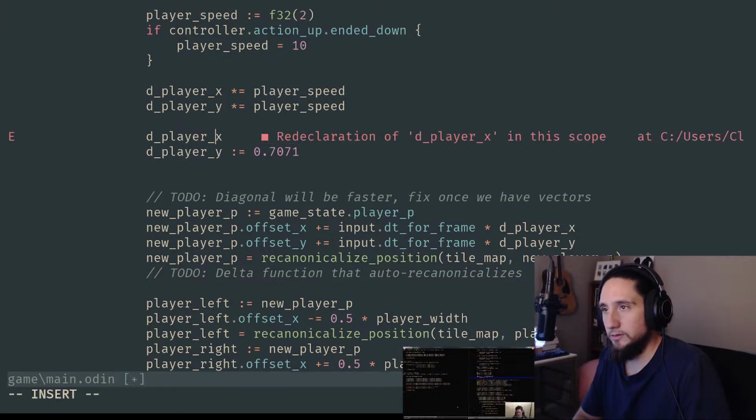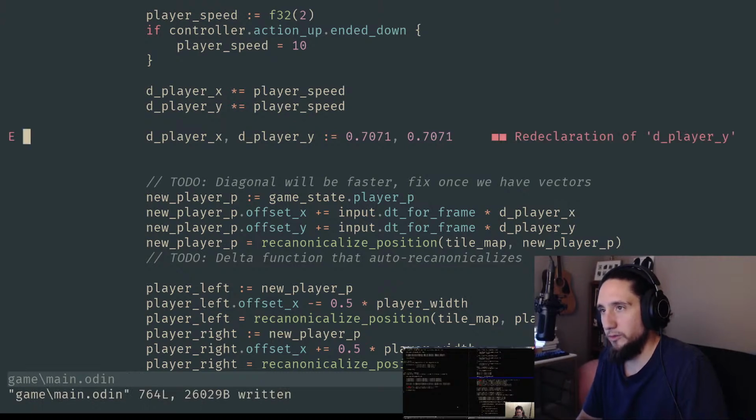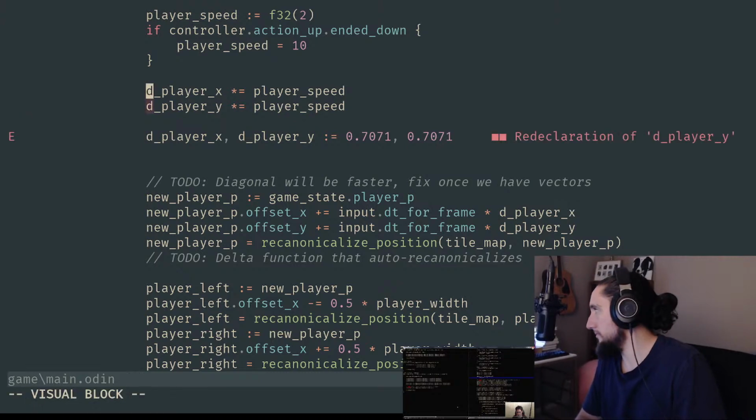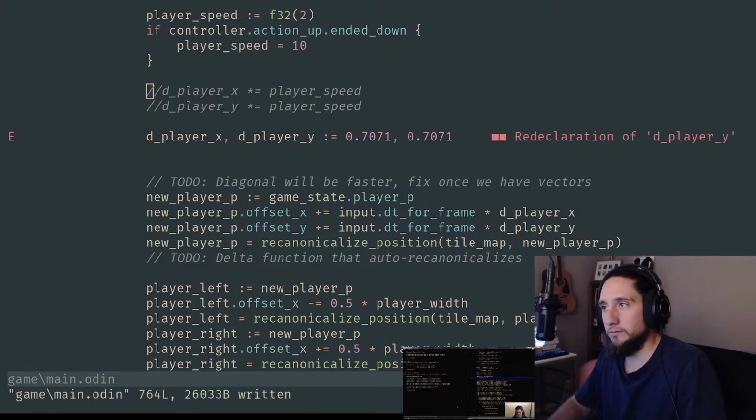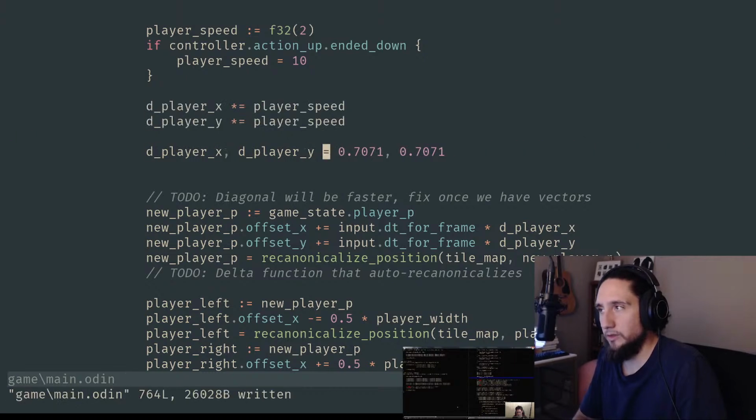And actually I'll declare these on the same line just because I can. I'm sure this is a crime against mathematics, not using more significant figures, but so be it. Oh, I see. We don't need to declare them.